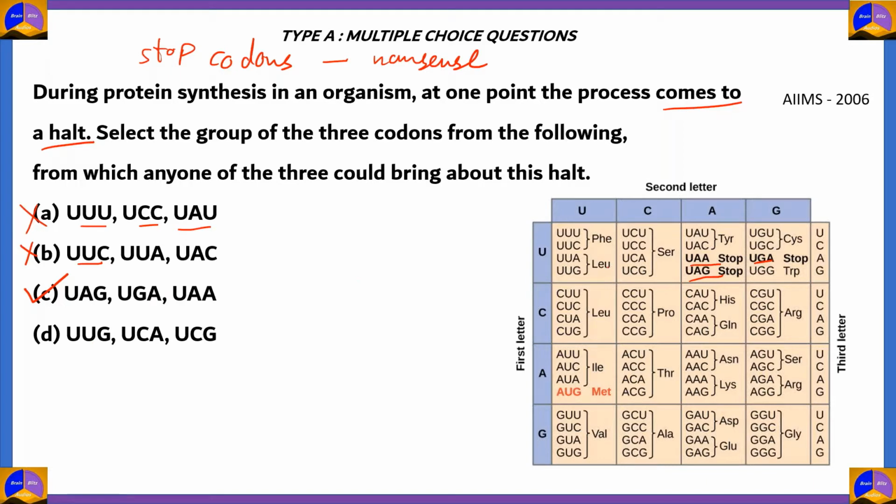And UUG is for leucine. Again, not a stop codon, so option D is also incorrect. The right answer is option C, UAG, UGA, and UAA. So these are the three codons which can stop the process of protein synthesis.